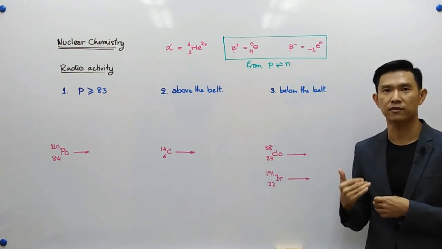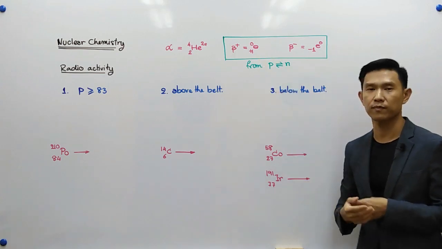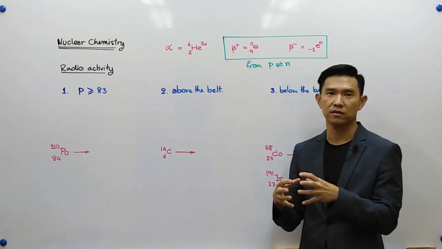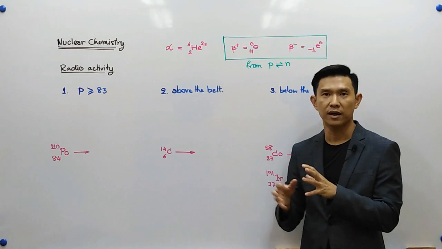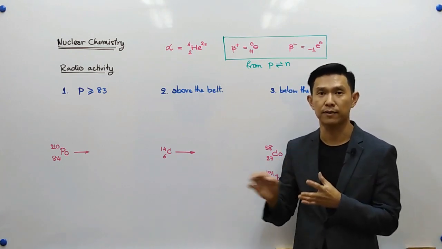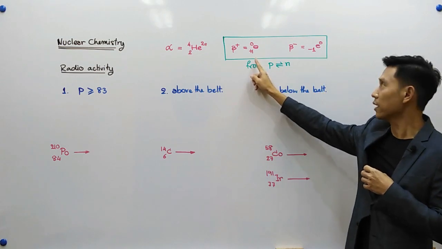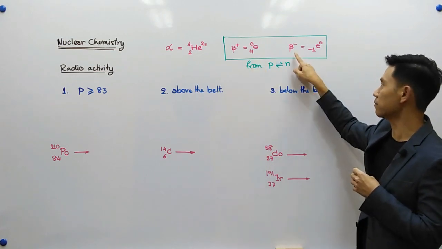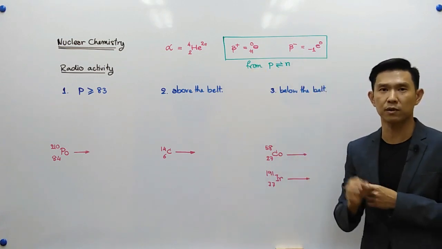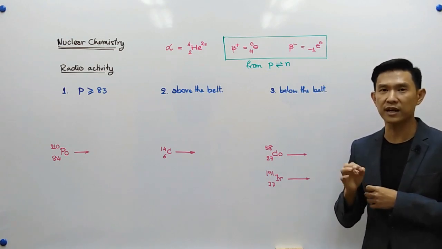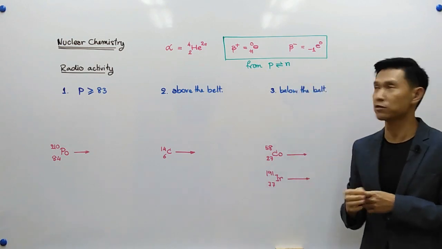So the electron is negative, so the positron is positive. So if the nucleus is unstable somehow and releases beta plus, that means your nucleus releases a positron. Another kind of radiation is beta minus, the beta radiation with the negative charge. This is actually the electron particle.